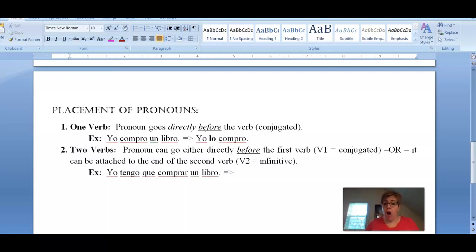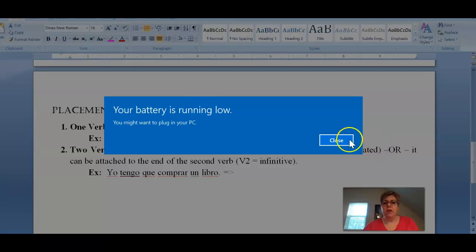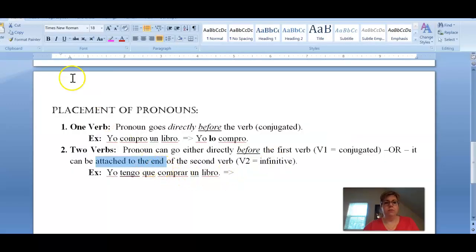So it's going to be a lo. But where do I put the lo? Well, here I have two options, because here, tengo is verb 1, right? Or it can be attached to the end of verb 2, right?